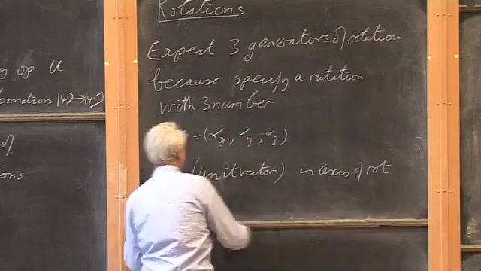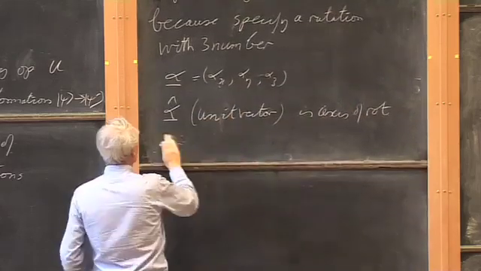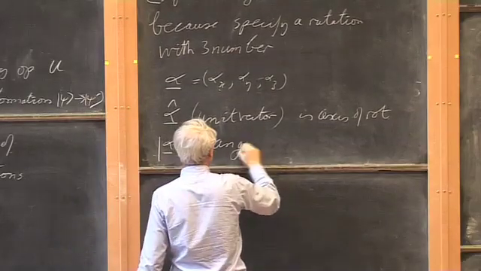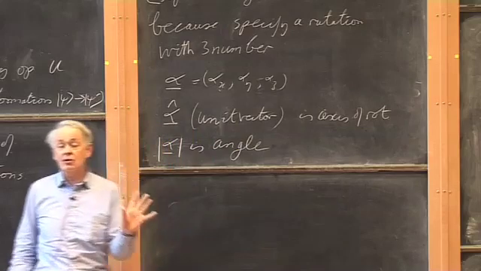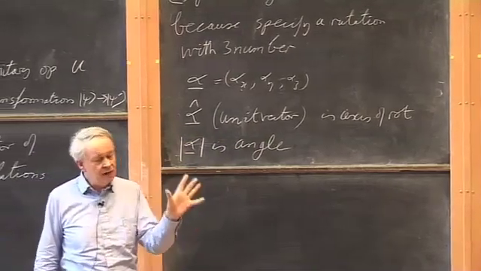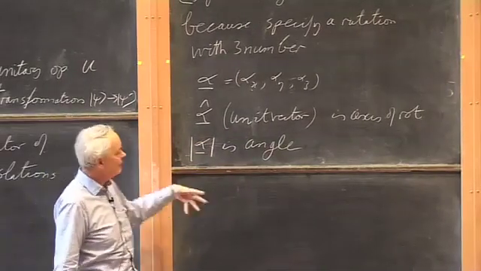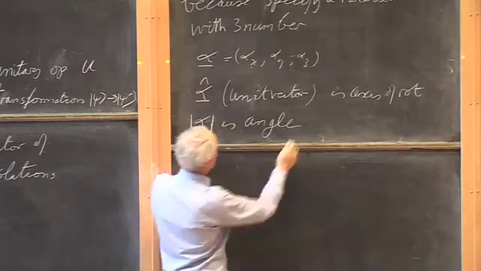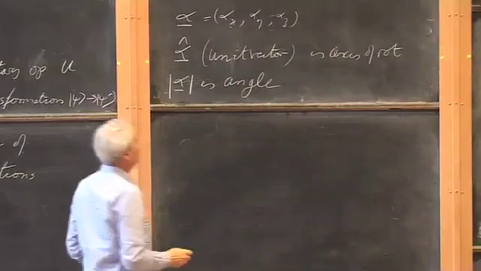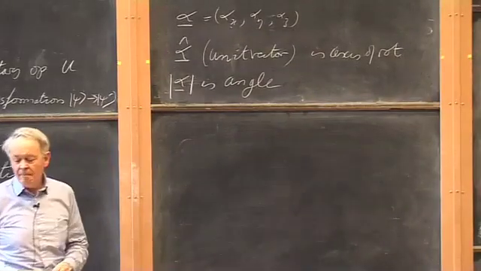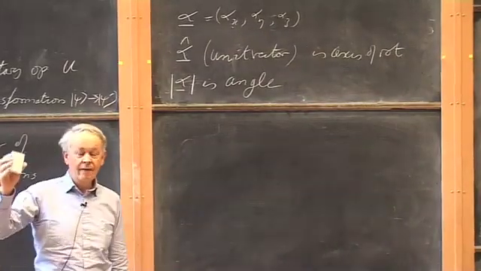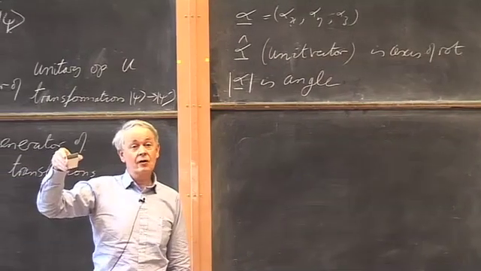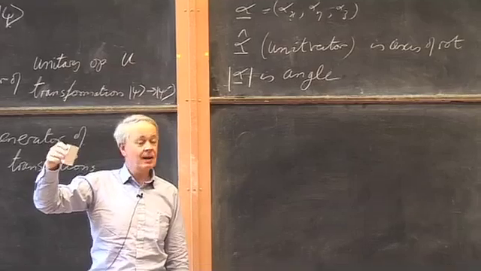And mod alpha, the modulus of the vector alpha, is the angle through which we plan to rotate. So these three numbers are a handy, convenient system for specifying which rotation you wish to refer to. The rotations form a continuous set of transformations of my system, because I can rotate my system by a little bit or a lot.